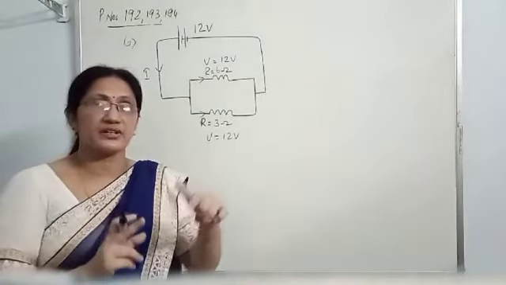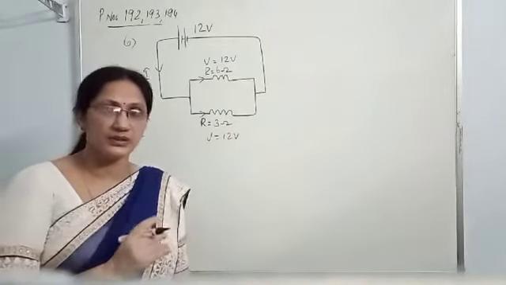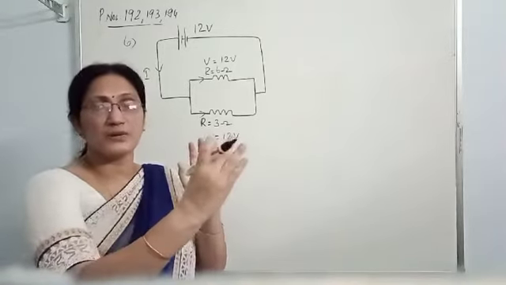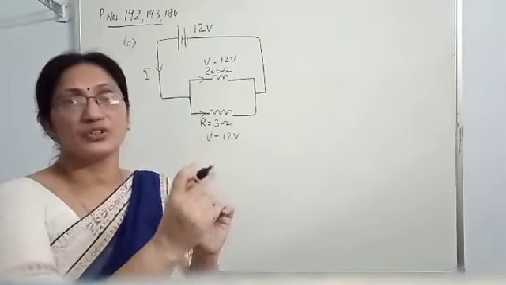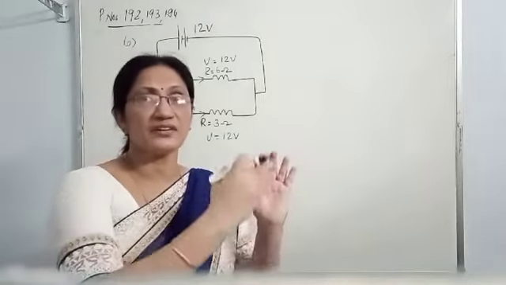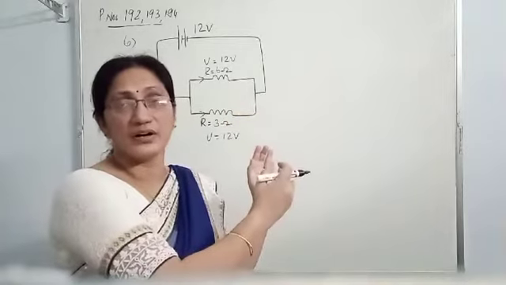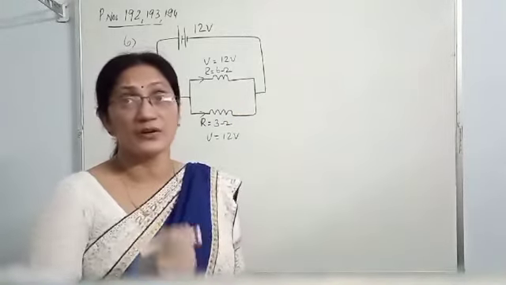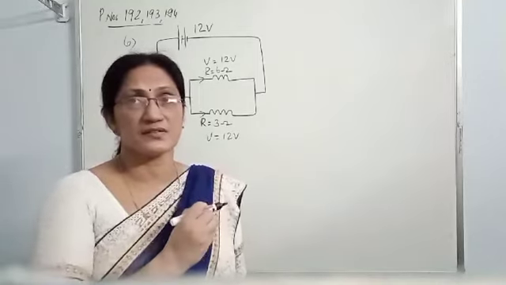In series connection, as you have seen in one of the previous numericals, it gets divided. In previous numerical, two similar bulbs were joined in series to a battery of 220 volt. So it is getting divided equally, 110 volt to one bulb, 110 volt to the other bulb, because they were of same resistance, similar bulbs.